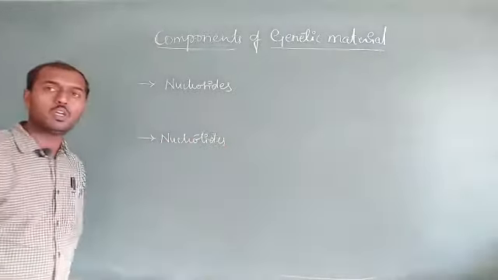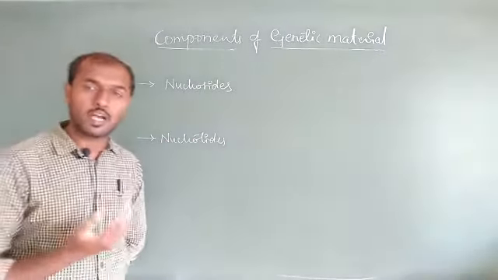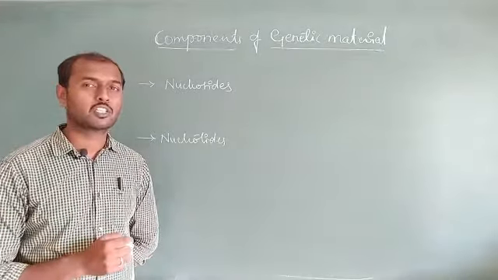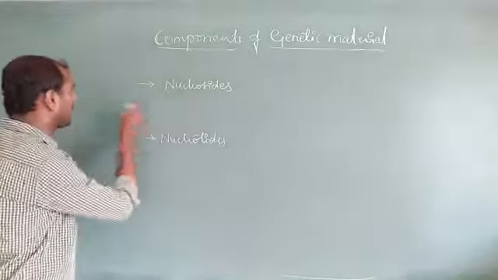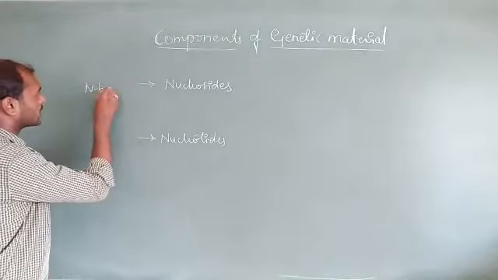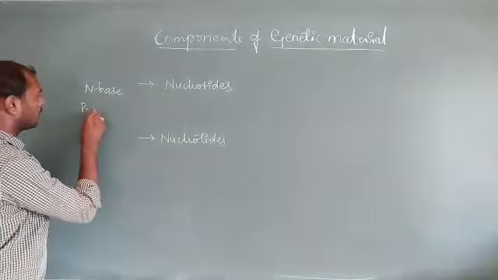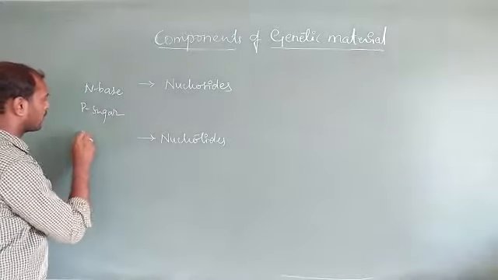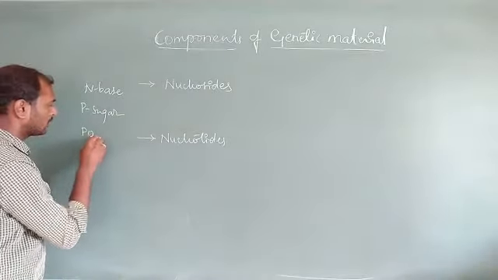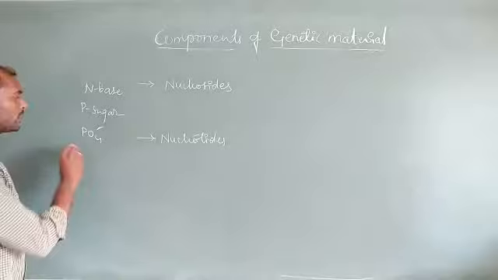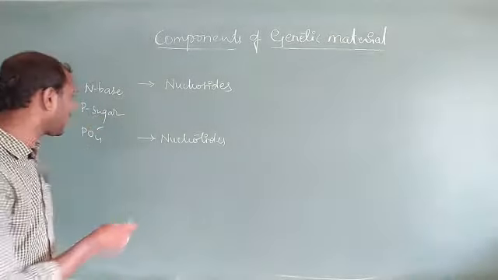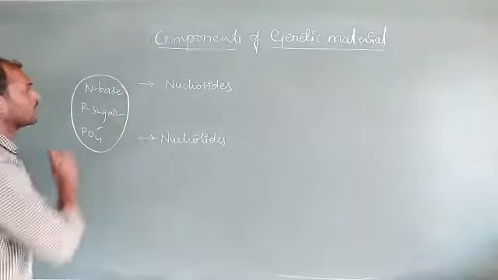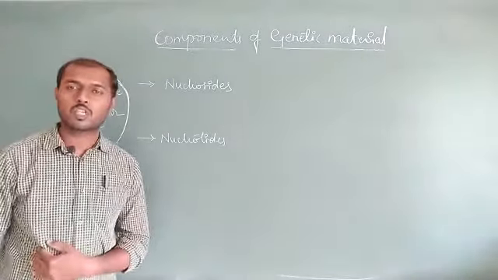So when DNA has to be constructed in the cell, those three chemicals, the nitrogen base, pentose sugar and PO4 molecule, which is the phosphoric acid, all three have to react and form some stable molecules.